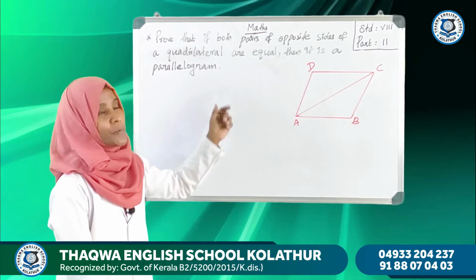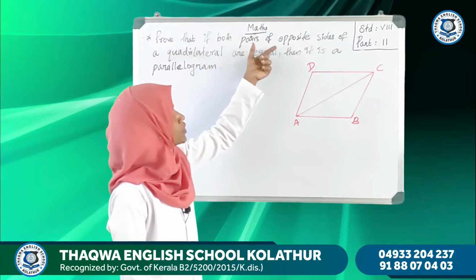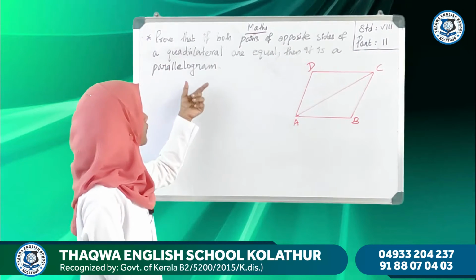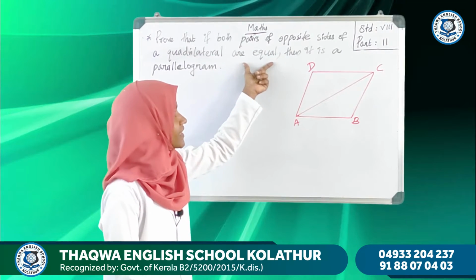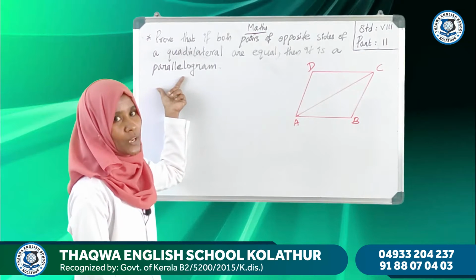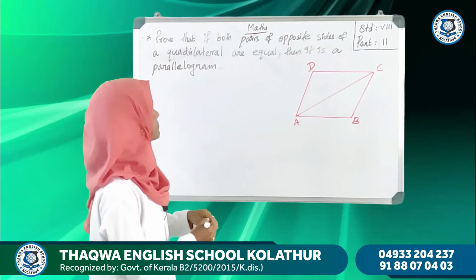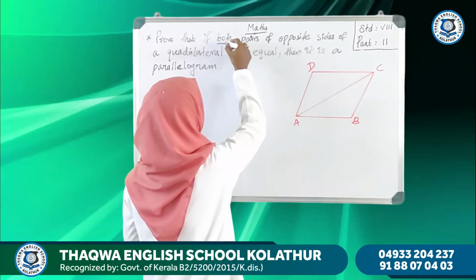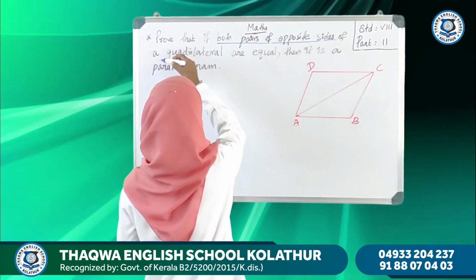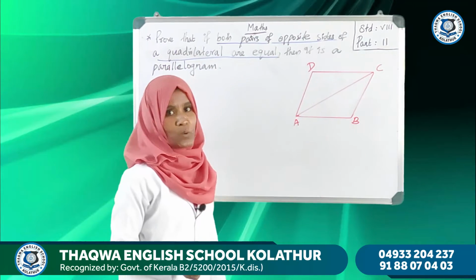Okay, next question. Prove that if both pairs of opposite sides of a quadrilateral are equal, then it is a parallelogram. Both pairs of opposite sides of a quadrilateral are equal.